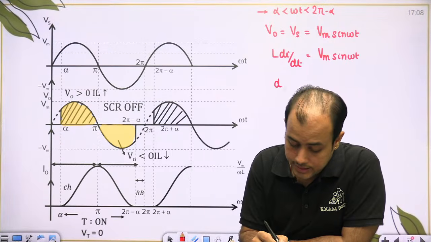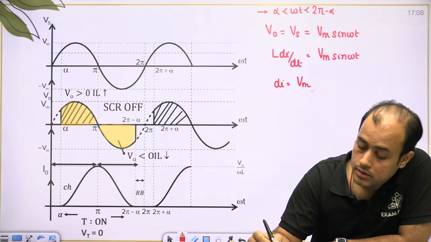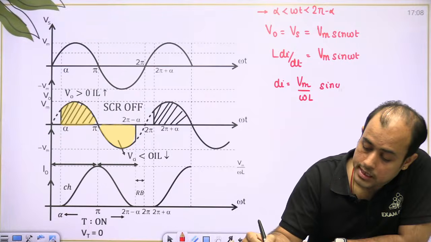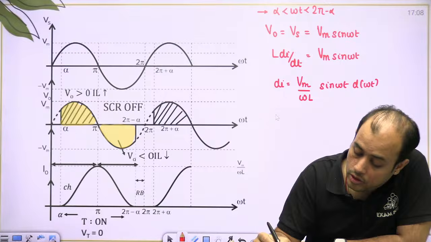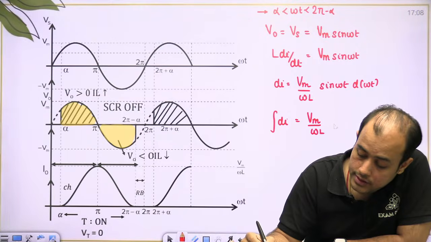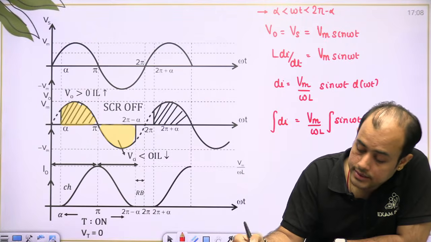So just like yesterday beta, di will be Vm by omega L. I am multiplying and dividing by omega. So now because conduction starts at alpha, I will say that at alpha, current is 0.